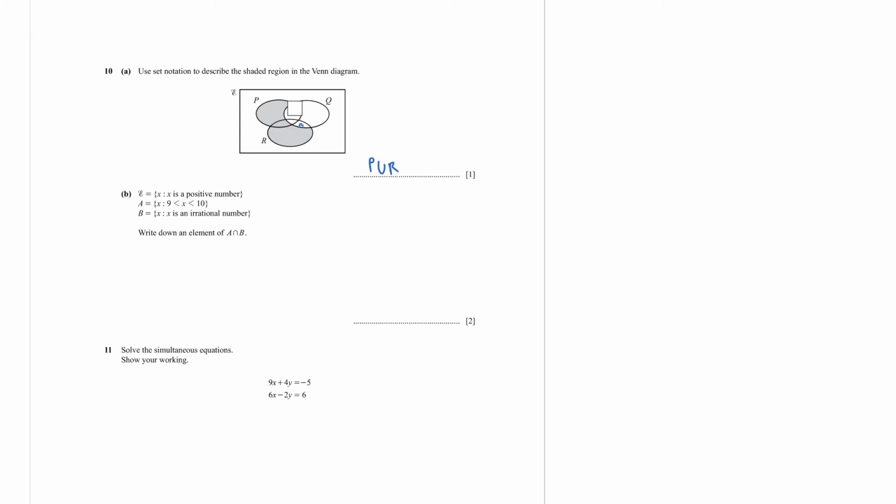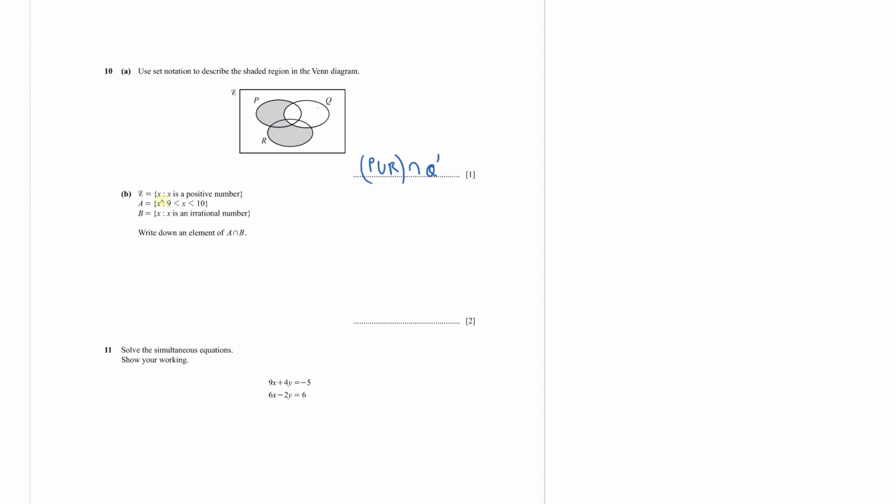So we can see from the diagram here, this is P union R except the set Q. So that means P union R and then intersection with Q complement, because you're only taking the region that is outside of this set Q. So you have P union R and then intersection with Q complement, which will eliminate these regions here, which are not shaded.